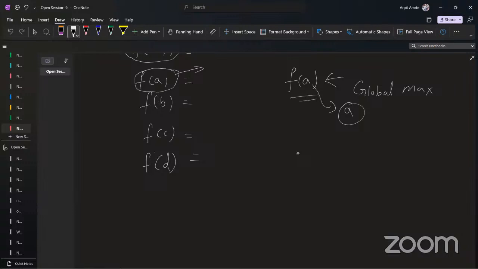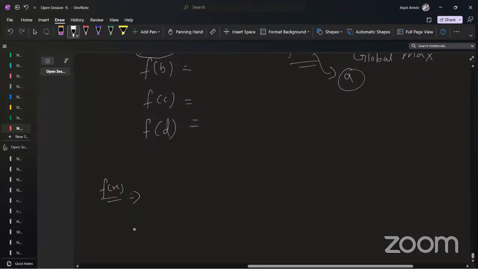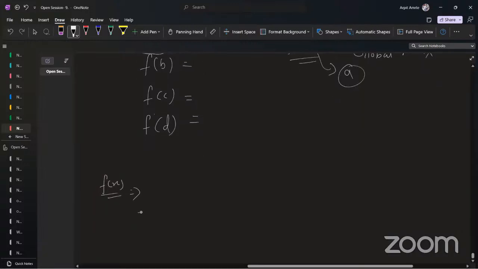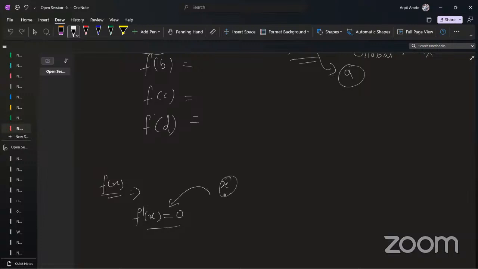In this solution, for solving this one, we first went with finding the critical points, right? So how do we find the critical points, only by the equation? If we are given a polynomial curve, a function f(x), then by the definition of a critical point, we need to see f prime x and equate it to 0. Whatever values of x satisfy this equation will become your critical points.